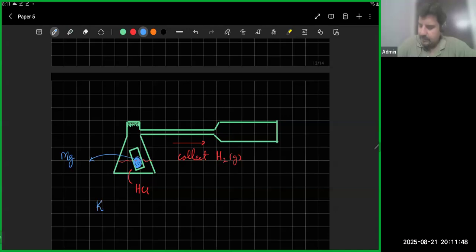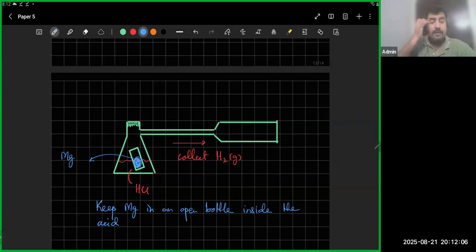So you keep Mg in an open bottle, and place it inside the acid. So it's already there. And then make the apparatus airtight. Now the reaction hasn't started yet.